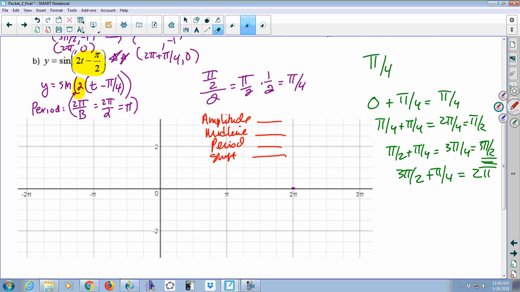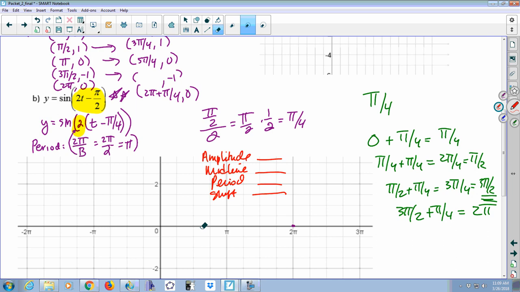If you want to rely on just the graph, it depends on what I ask you as well. I may say, find your amplitude, midline, all that, and you'd have to fill it in, which I probably will ask. But the amount of work should be sufficient so that if you make a little mistake and this is worth 6 points, you don't lose 6 points. I hate doing that. I'd rather just take off 1 or 2 if you have everything else okay.